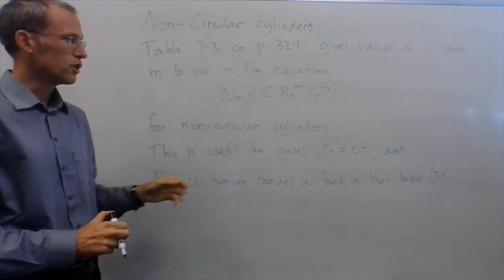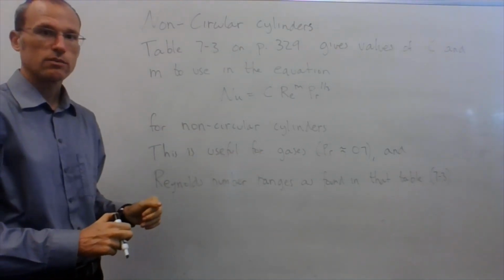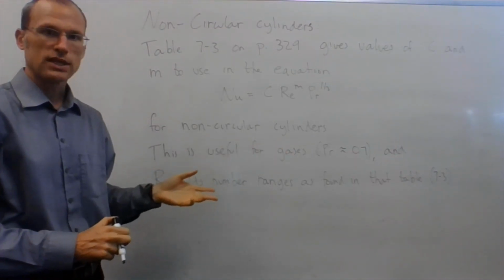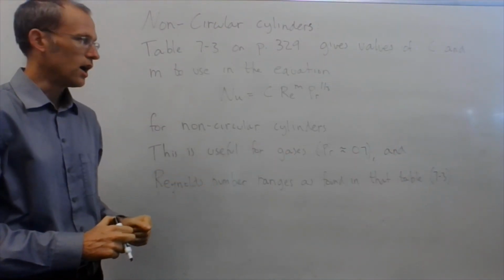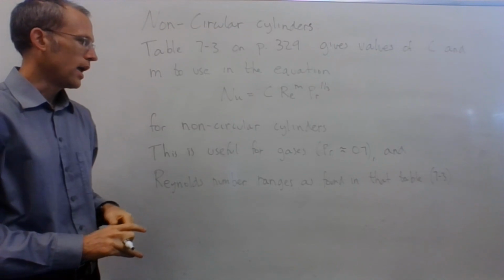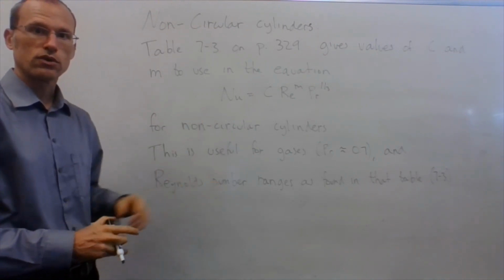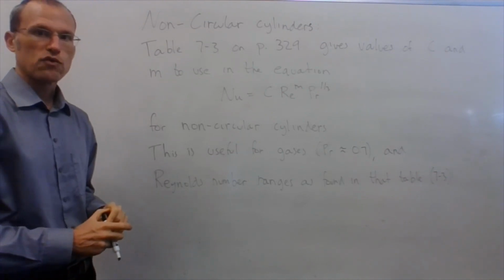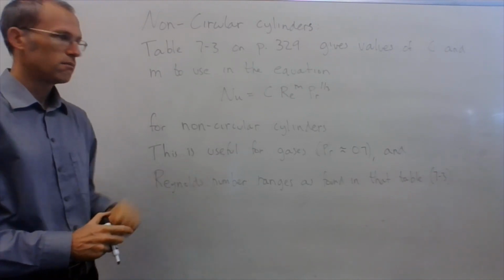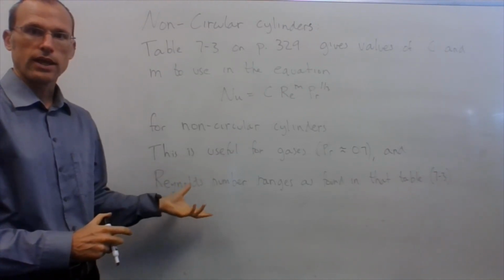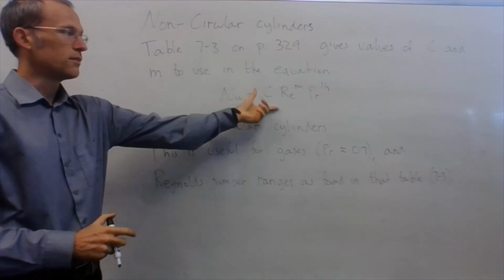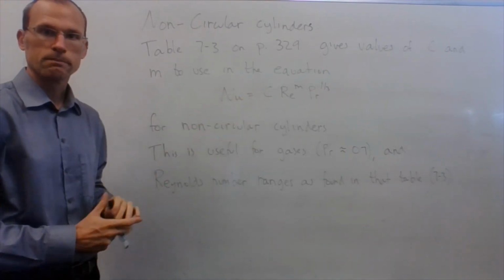Generally, that table is good as long as I'm dealing with gases, so Prandtl numbers in the neighborhood of 0.7. Most gases are in that range. Liquids not necessarily. And just like the other table, there's a range of Reynolds numbers where this is good. So whatever the Reynolds number is, find it in that table, then find the value for C, the value for m, stick it in there, and there's your Nusselt number.